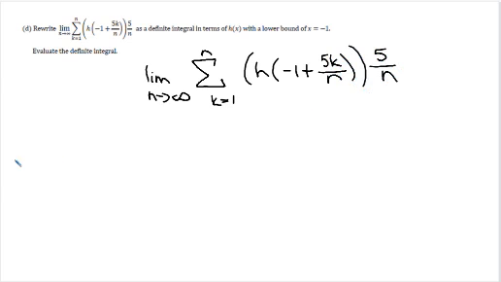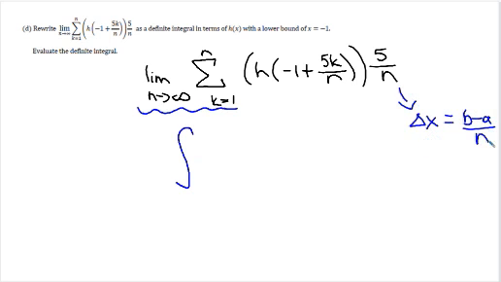Well, it's just a matter of identifying what these pieces are. This thing right here is an integral. All right? This right here is an expression for my delta x. And remember what delta x is. Delta x is b minus a over n.